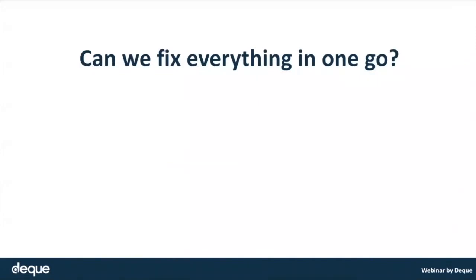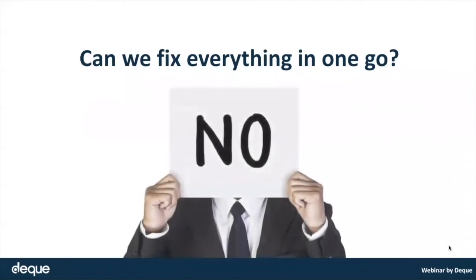Now, that brings us to the question: okay, I've got my assessment done, the audit is done. I see about 100 issues on hand that I need to fix. Now, can I fix everything in one go? Unfortunately, the answer is no. When you're trying to fix a known accessibility issue, there is a high chance that you're actually introducing newer issues into the code.